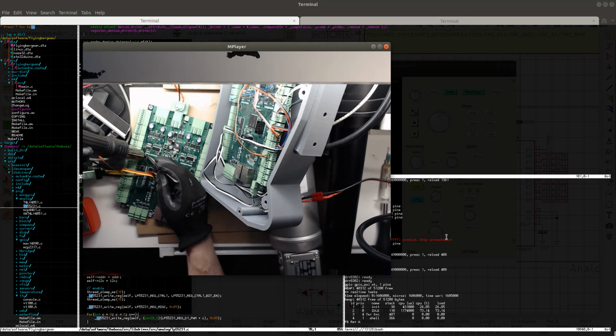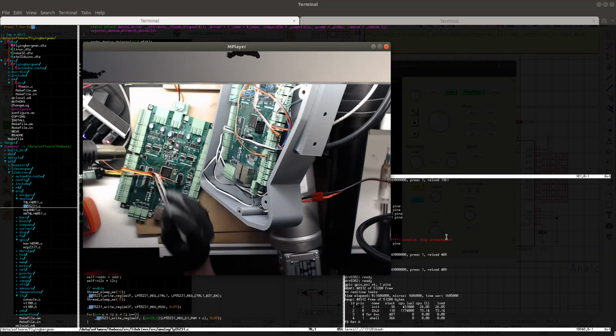Okay, this was a bad idea not to have a fume extractor running. There's a lot of smoke. Almost done. Is this gonna work?